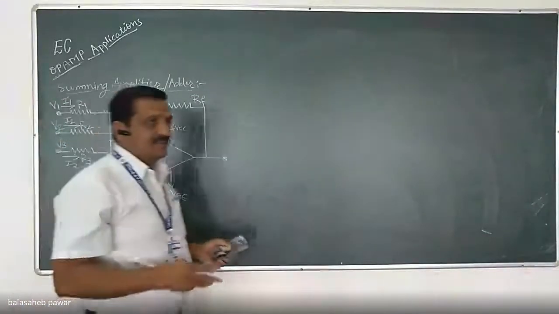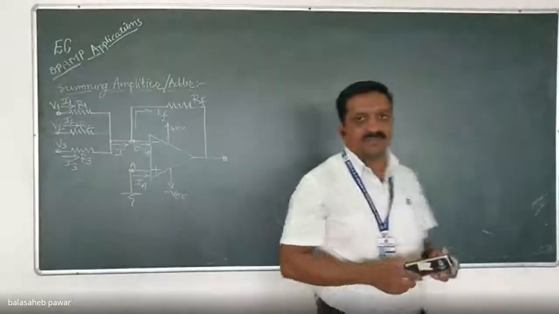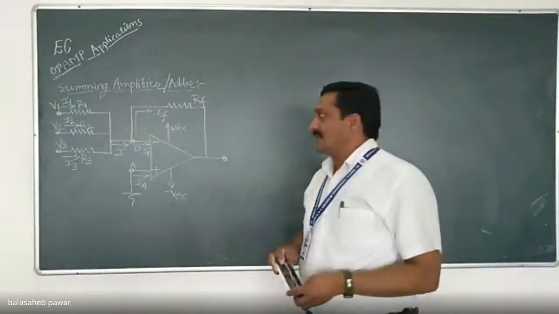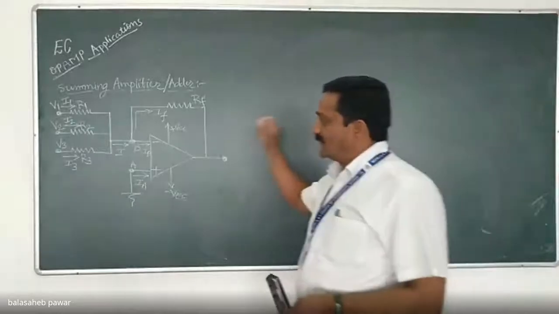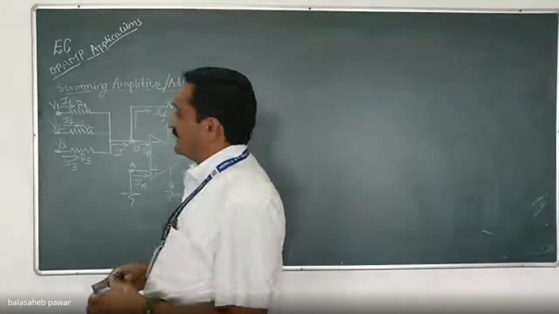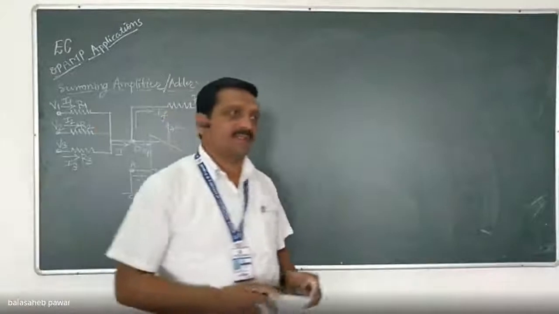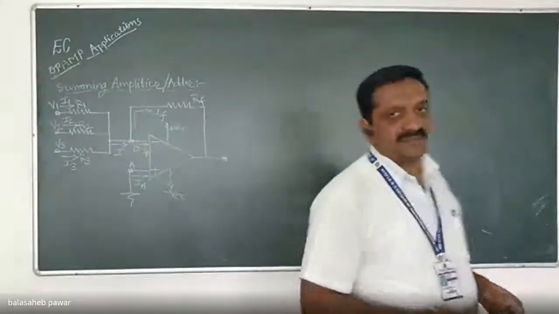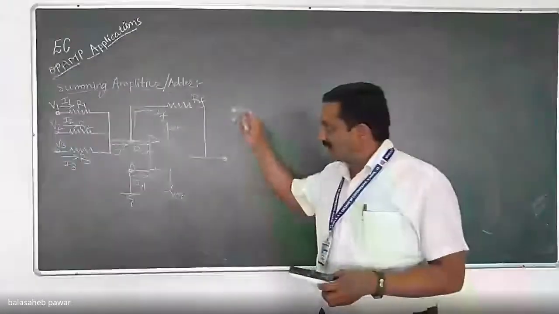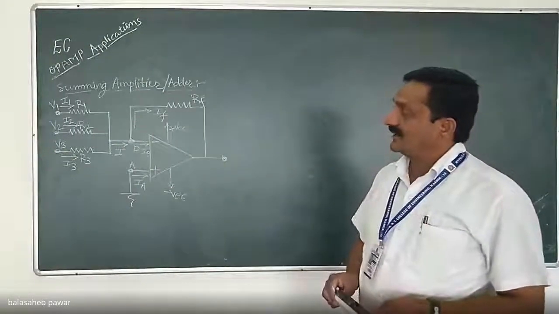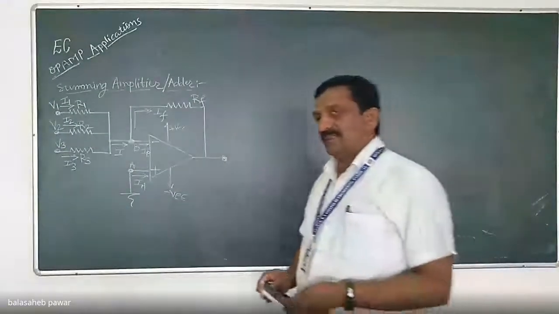Three input voltage sources, V1, V2 and V3, are combinedly applied to the inverting terminal of this op-amp through resistors R1, R2 and R3. Due to these three different voltage sources, three currents are shown as I1, I2 and I3 respectively.